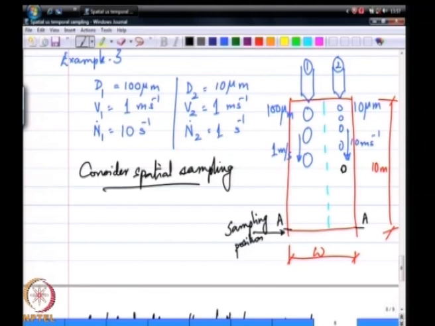The spacing between a pair of drops being the same, for the L1 is 0.1 meters, I will call this L1.